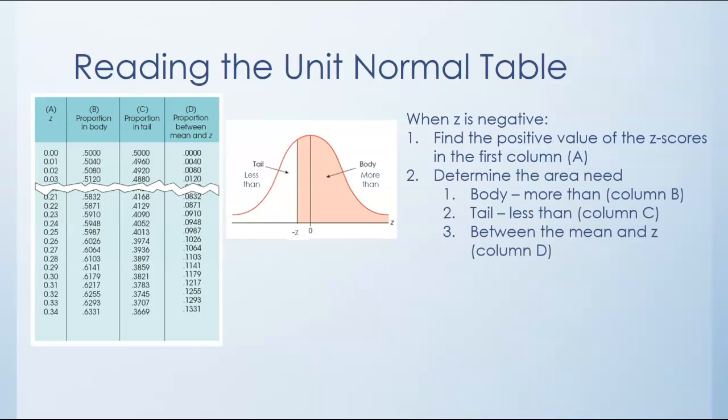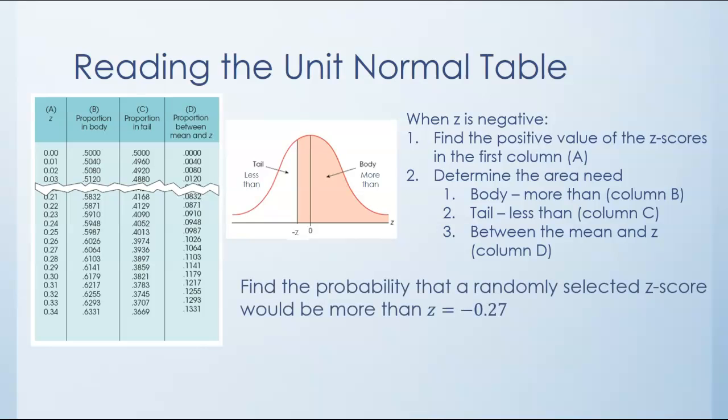Now if you want it to be more than, you're going to use column B. If you want it to be less than, you're going to use column C, and column D is always the value between the two. So basically, your body and your tail switch places as far as which one is more than and which one is less than.